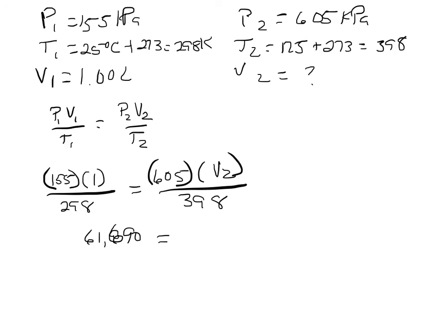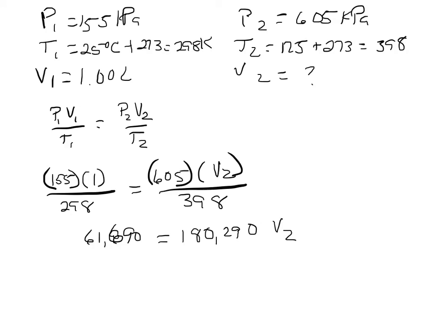Oops, what did I do wrong here? Clear that. 298 times 605 is 180,290. Okay, so now that's V2.